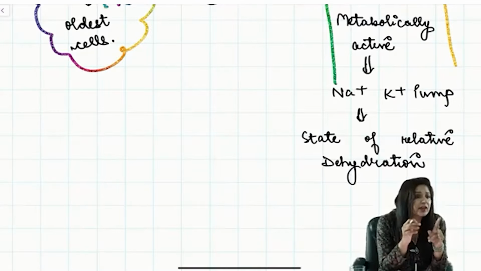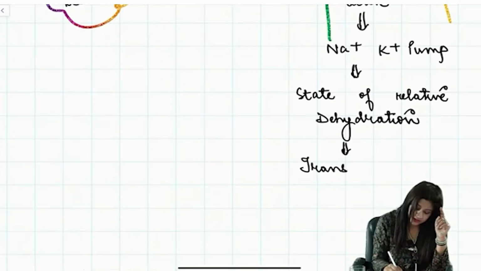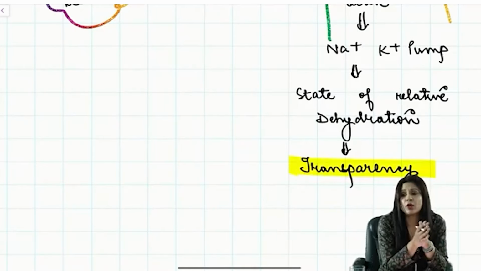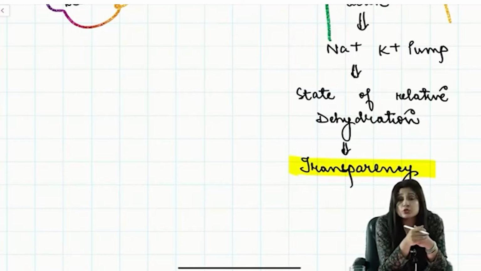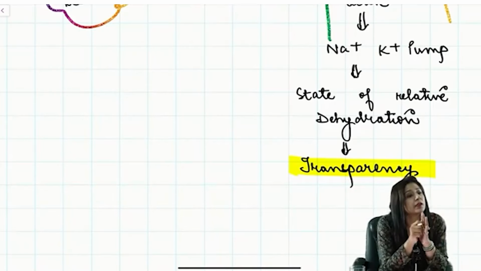It is the relative dehydration, and this is responsible for maintaining the transparency. So basically we are worried about the transparency of the lens, because if the transparency is lost then we will have cataract, and cataract will cause blindness. So in transparency किसकी वजह से? It is due to sodium potassium pump, and pump is present in the cortex.